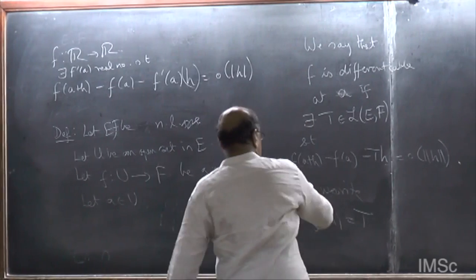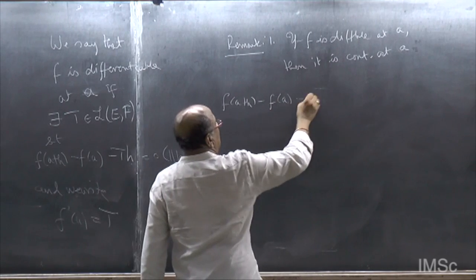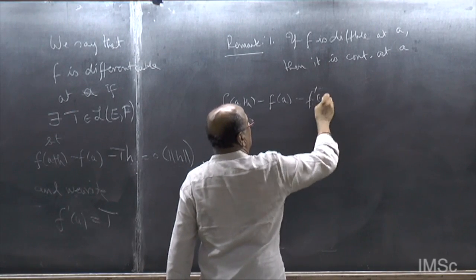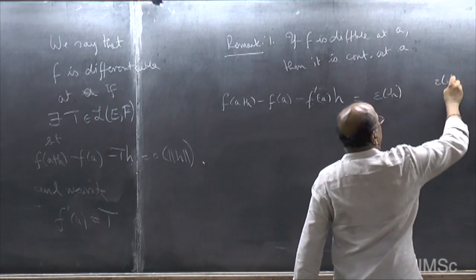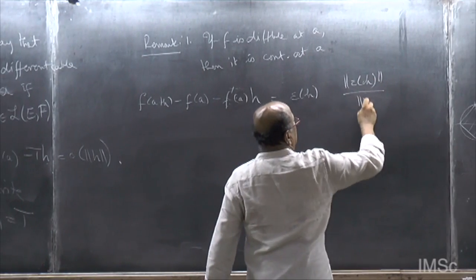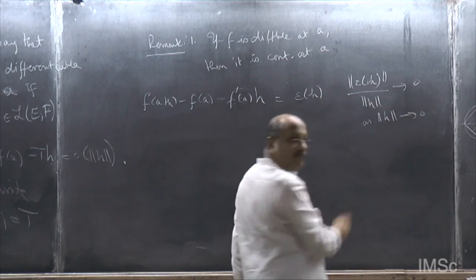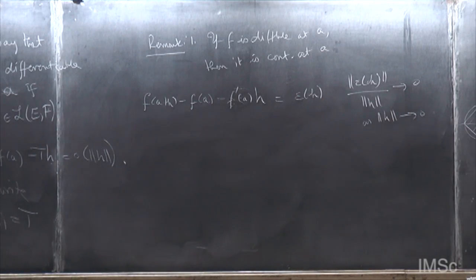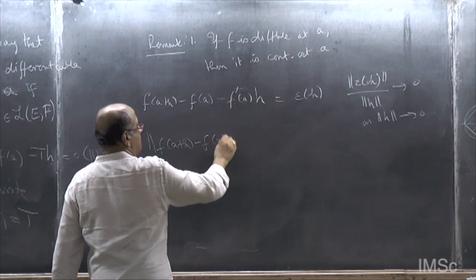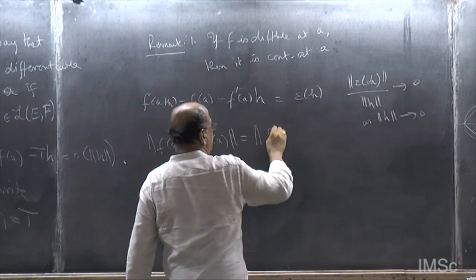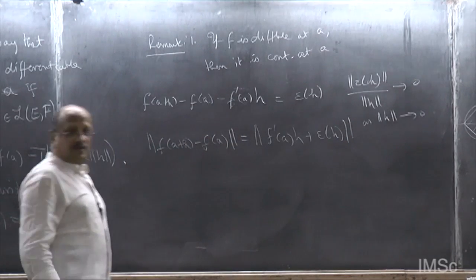Suppose it is differentiable, then I know that f(A+h) - f(A) - f'(A)h equals some epsilon(h), where epsilon(h) by norm h goes to 0 as norm h goes to 0. Then I will write norm of f(A+h) - f(A) equals norm of f'(A)h + epsilon(h).